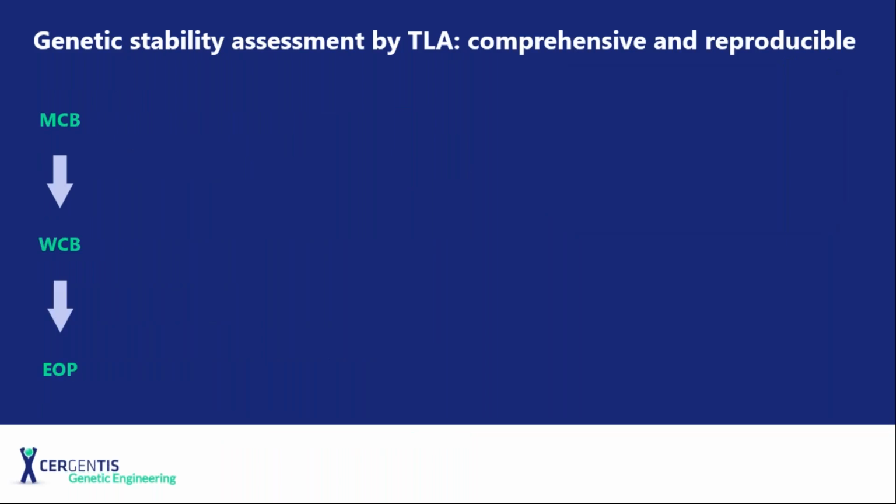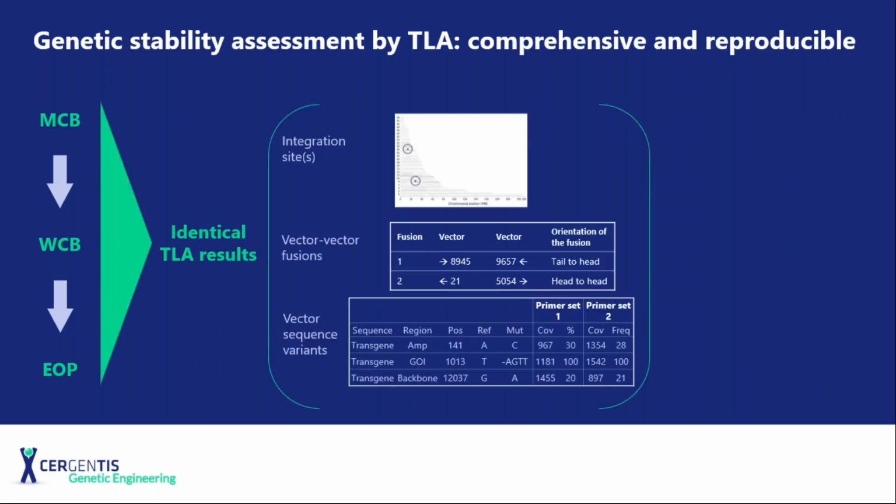Secondly, we have the genetic stability package, which allows you to characterize the stability and integrity of the product of interest. In this case, a cell therapy product or a viral vector producer cell line, for example, from the master cell bank to the working cell bank to the end of product stage.